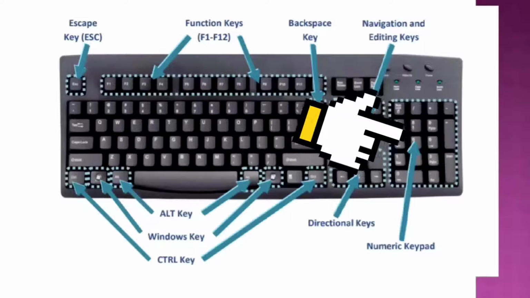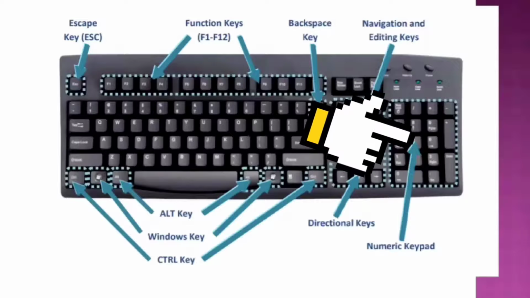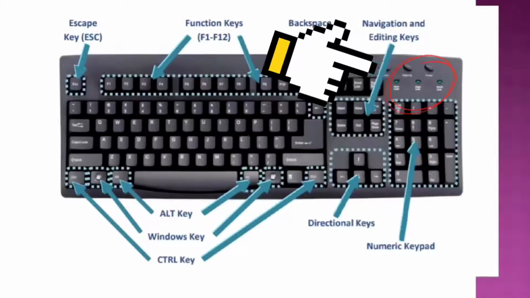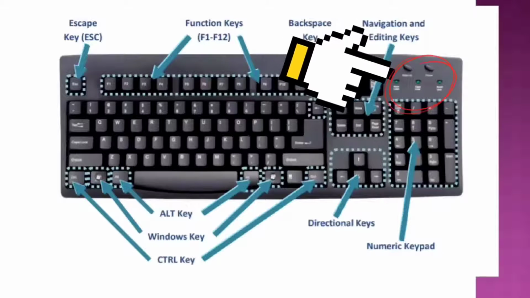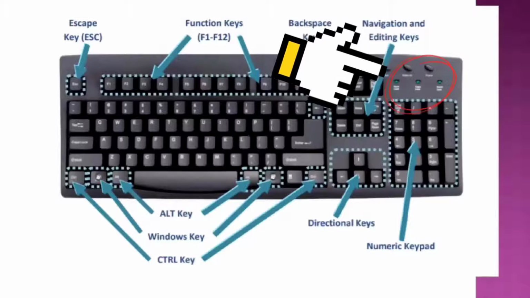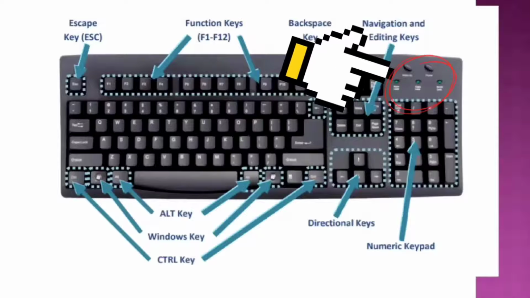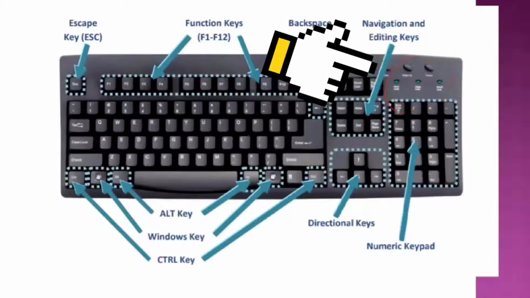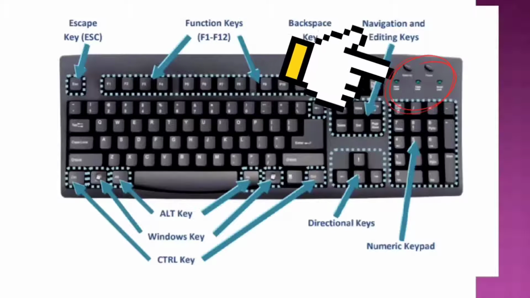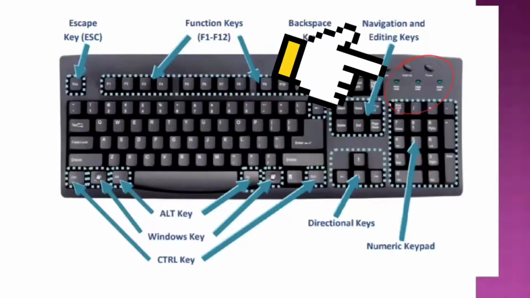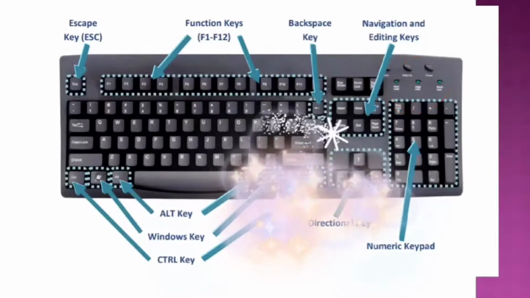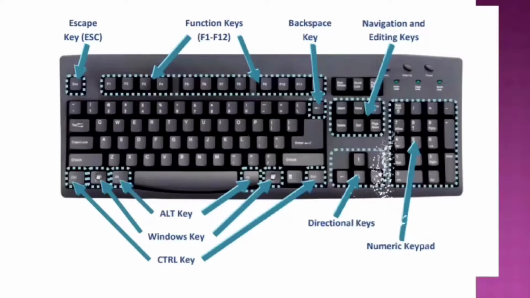So we also call it numeric keypad. We also have this indicator light here on top. Yes, the light LED that prompts the user to the status of the hardware device. There you go. So those are the 5 types of keys in our keyboard.